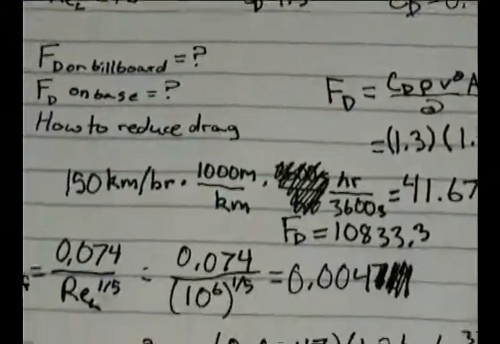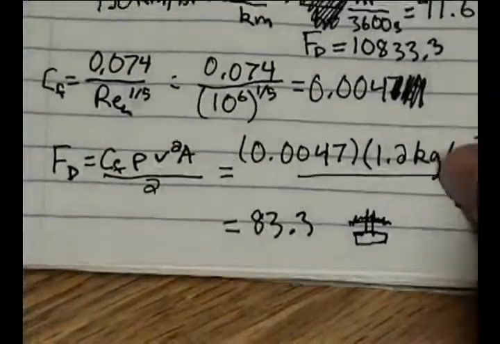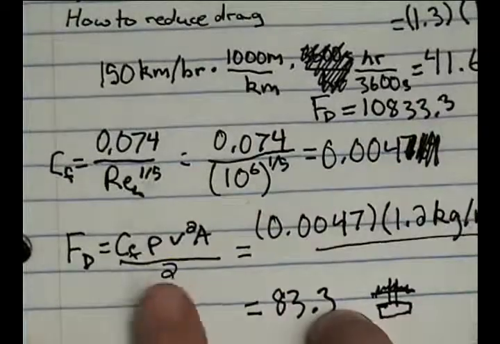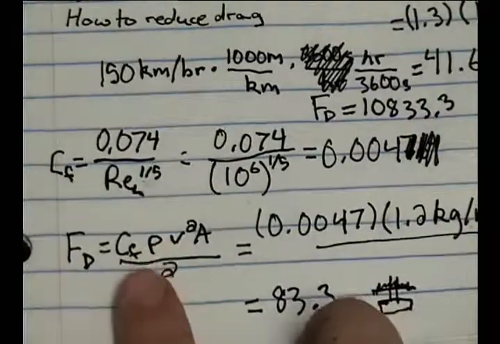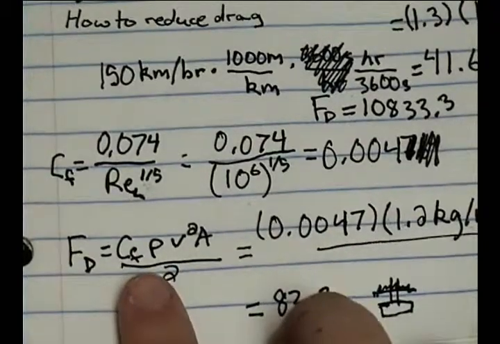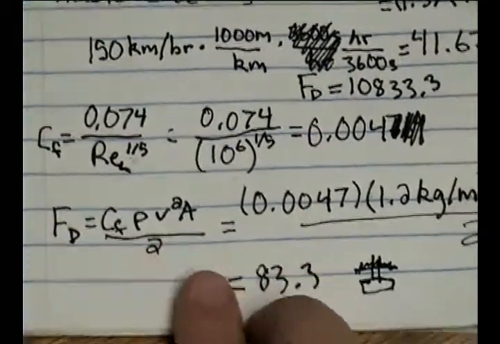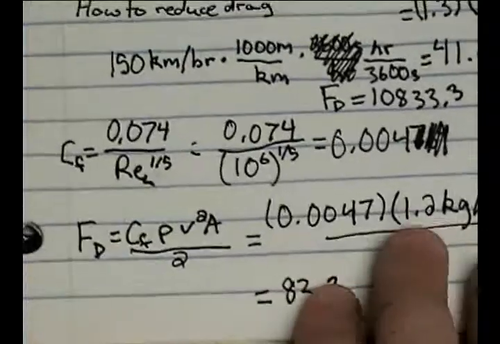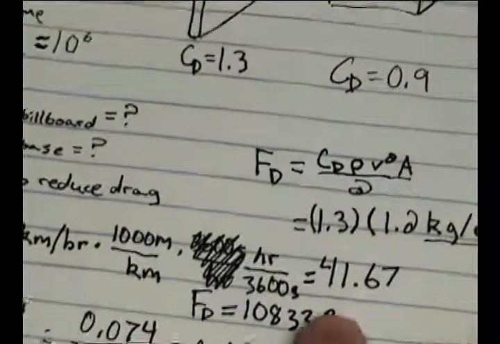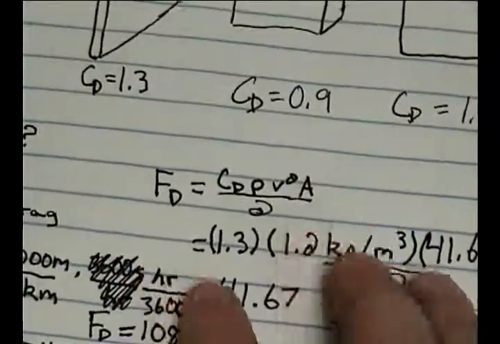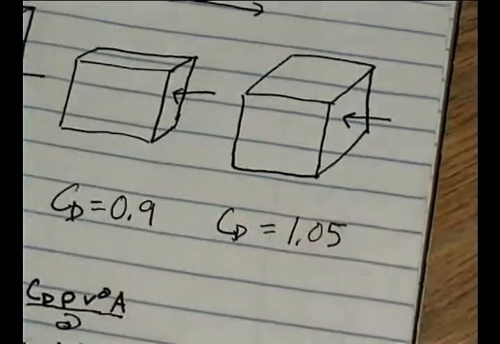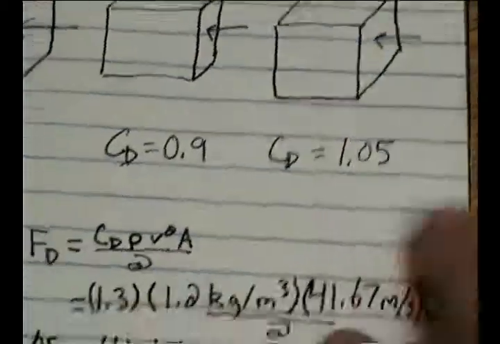Therefore, the best bet for the engineers of this billboard is to reduce the coefficient of friction for the base, or reduce the area by putting it into the ground for the base, or to just make either smaller billboards or cubic billboards, although that will again take the volume into account.